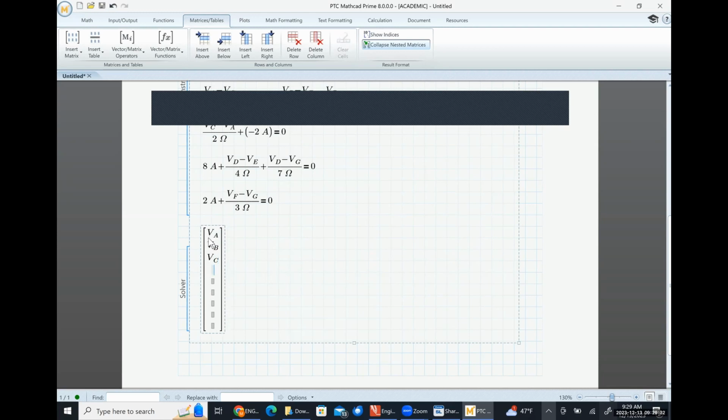I need to make sure that I'm using the exact same labeling that I used above. Right. And now I am going to shift equals, find, open parentheses, and now I'm going to put all those variables again.